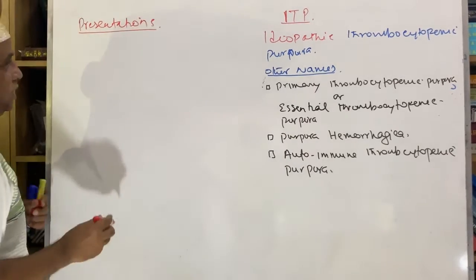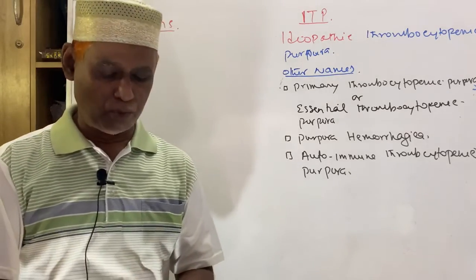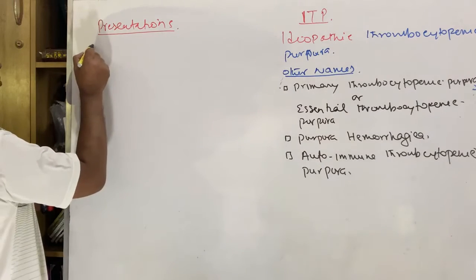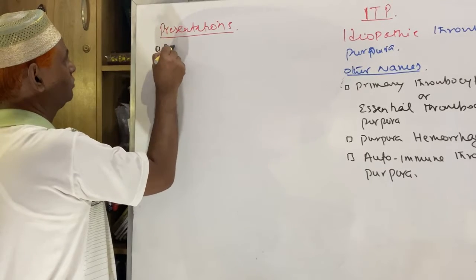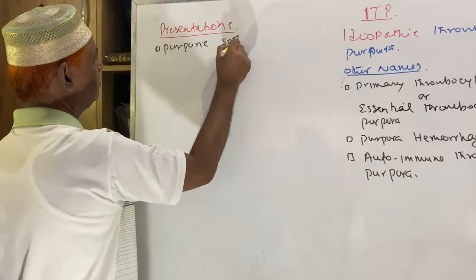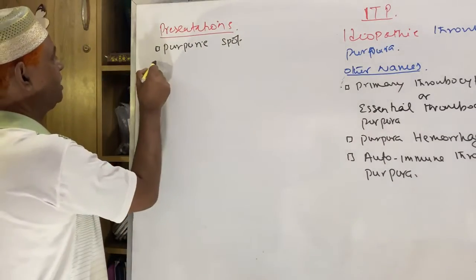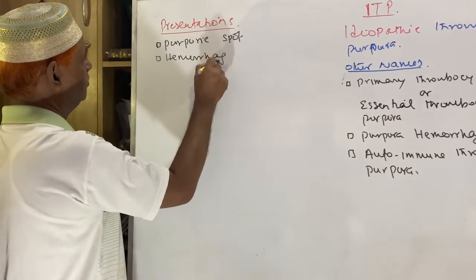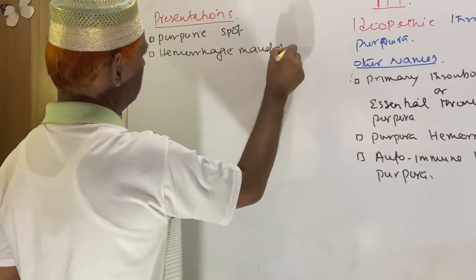Dear audience, in ITP you know there is decreased platelet count, there is thrombocytopenia. So what may be the presentations? Presentation is purpuric spot. Patient may come to you with purpuric spot. Patient may come to you with hemorrhagic manifestations.